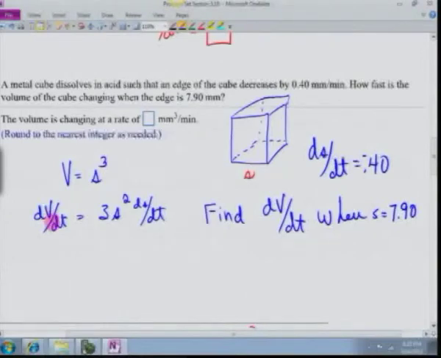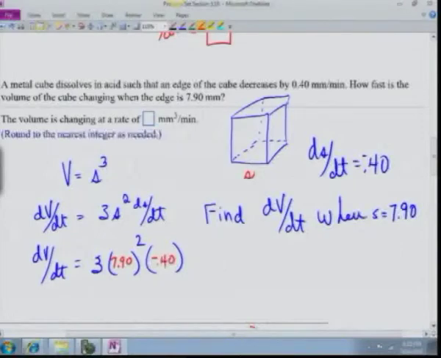We're asked to find this when s is 7.90, and we know what ds/dt is, right? So let's fill in. dV/dt equals 3 times 7.90 squared times ds/dt, which is negative 0.40.